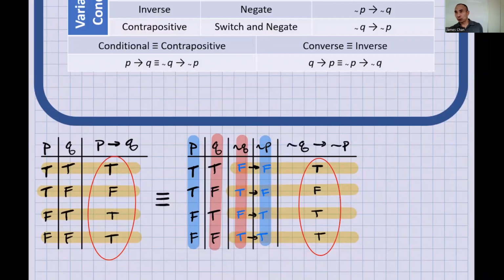You get the rows in the truth table, she said? Between what? Well, go ahead and ask your question.